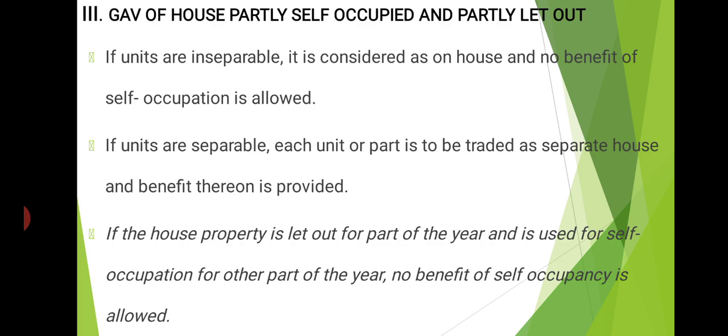When the units are separable, each unit or part is to be treated as a separate house and benefits thereon are provided. If the house property is let out for part of the year and is used for self occupation for the other part of the year, no benefit of self occupancy is allowed. So these are all the points related to this case.